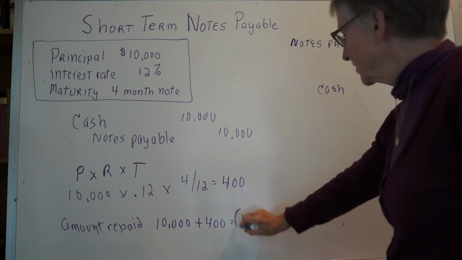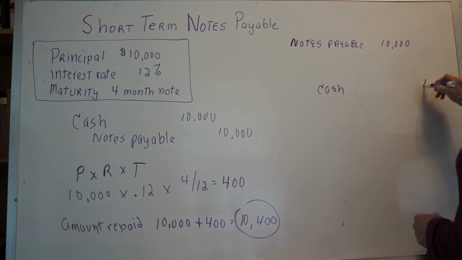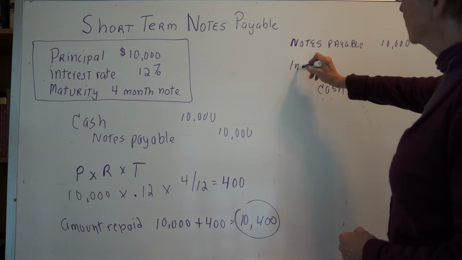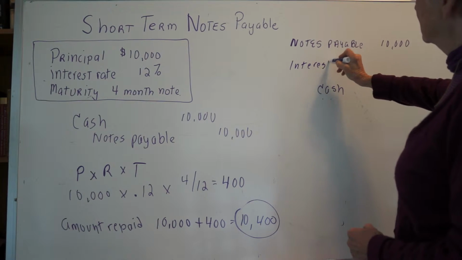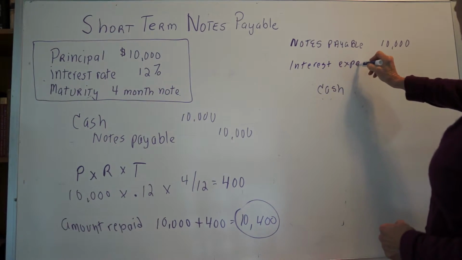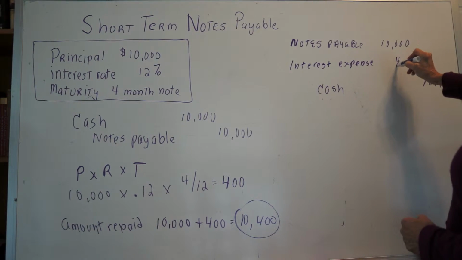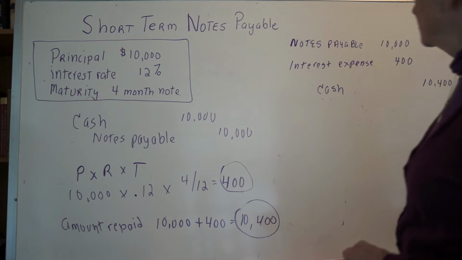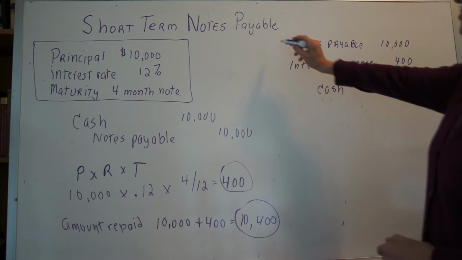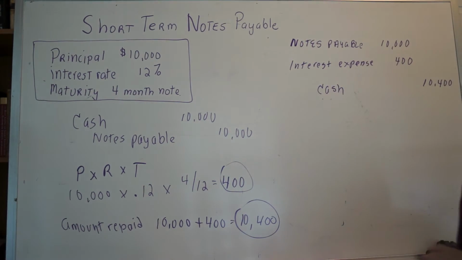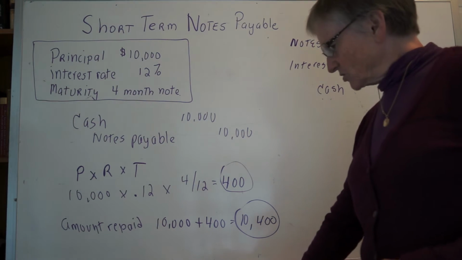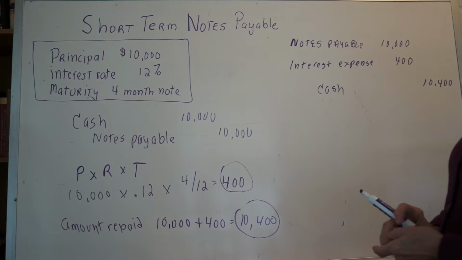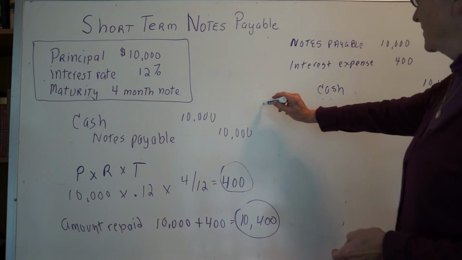We computed the amount repaid of $10,400, and the interest expense would be entered as the $400. We know how much that's going to be, and so this would be your general journal entry to record the repayment of the note. Now that assumes that it falls within one accounting period.